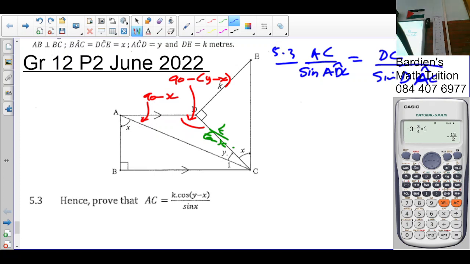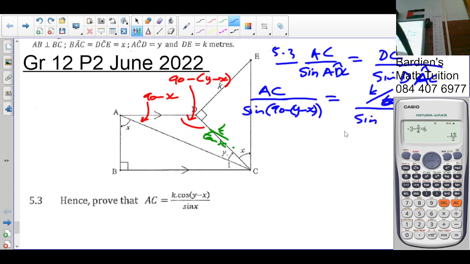So AC over sine 90 minus y minus x is equal to DC, which is k over tan x, over sine DAC, which is 90 minus x. Okay, so we'll take it up there.